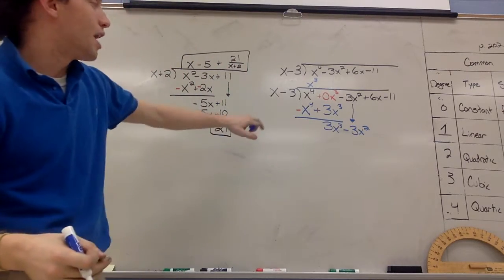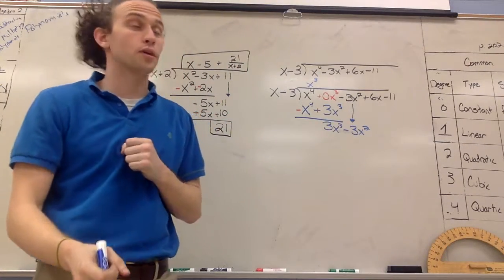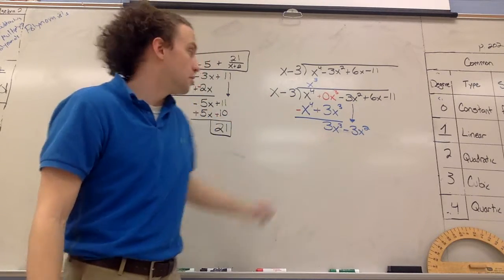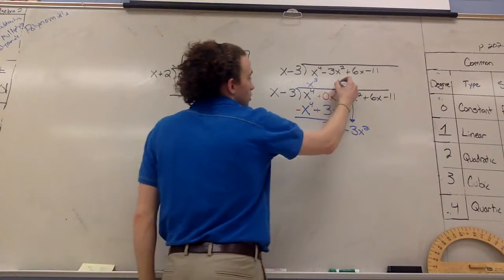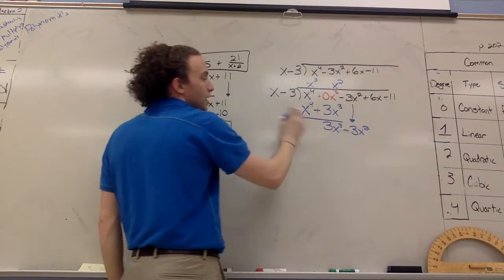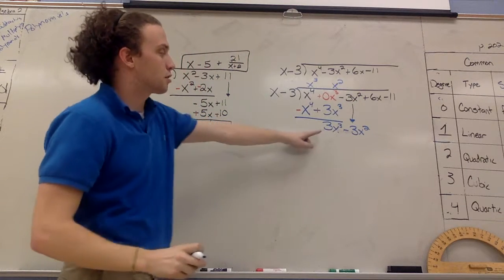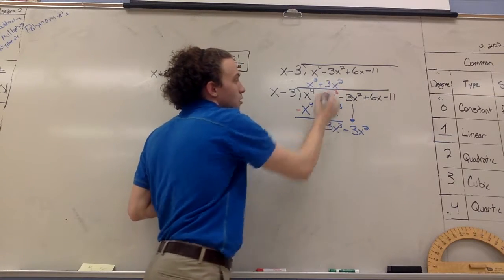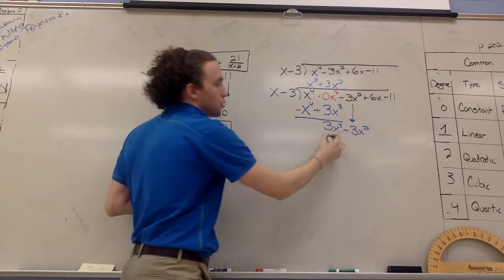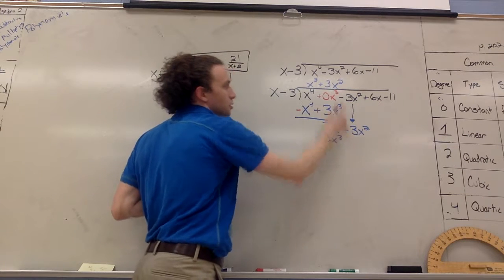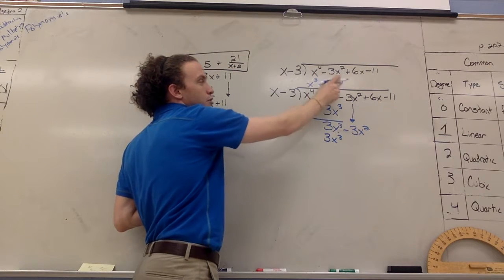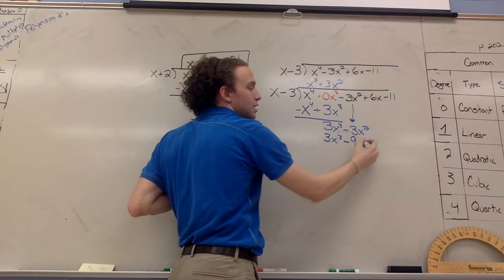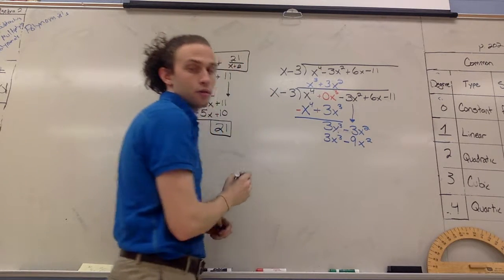Okay, so now we have to repeat the same process over again. What do I multiply x by to get to 3x cubed? I know I'm going to need an x squared, because these have to add to 3, but I need that coefficient too. I need that 3. So a 3x cubed now, and then 3x squared times a negative 3 is negative 9x squared.